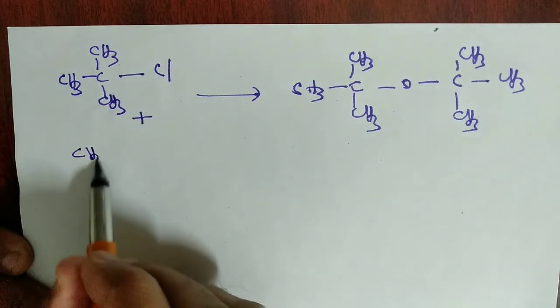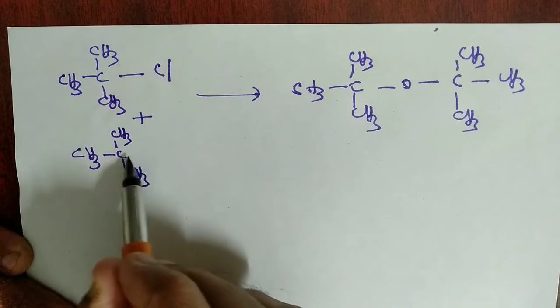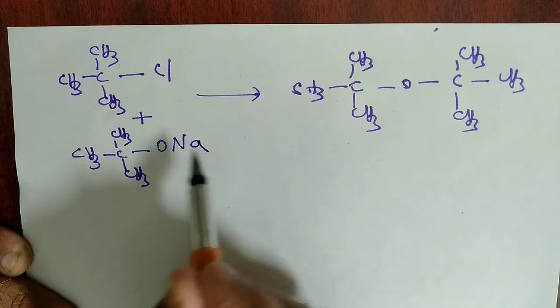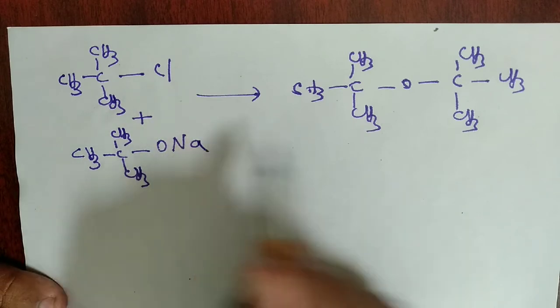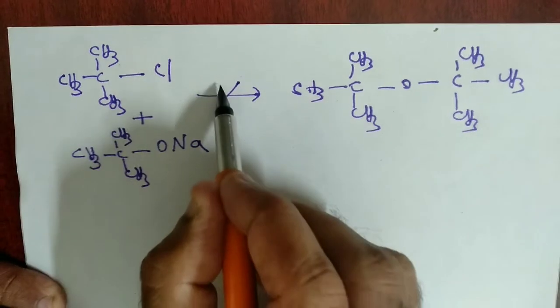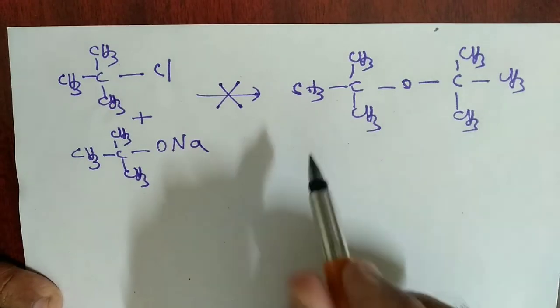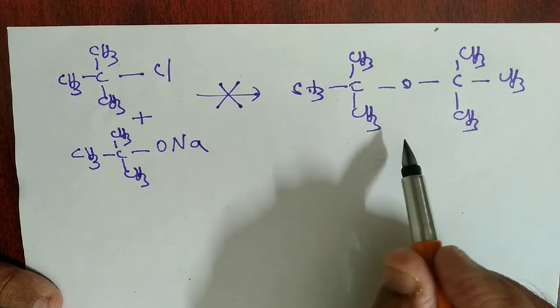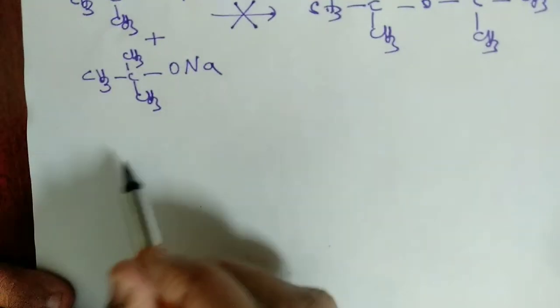In the case of tertiary butyl halide, the mechanism involves a carbocation intermediate and hence an elimination reaction takes place. In other words, ditertiary butyl ether cannot be prepared by Williamson's method.